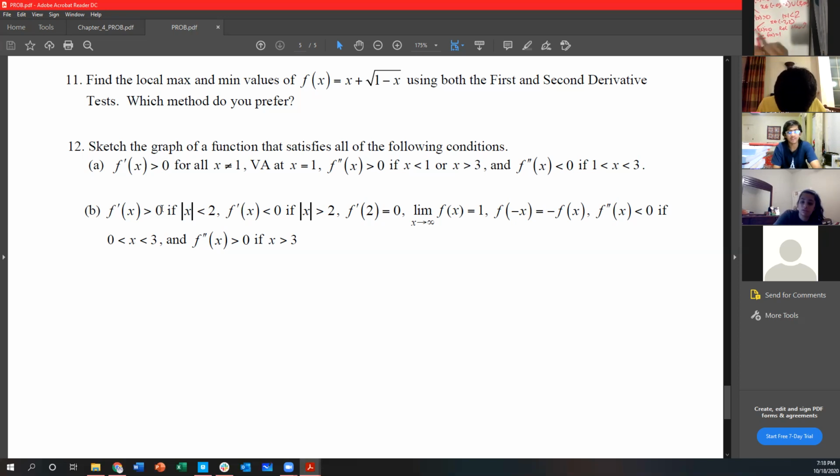So we know that f prime of x is greater than 0 for that interval, and we use that same principle to figure out the next interval. We know that f prime of 2 equals 0, which means it's a relative maximum, because up to x equals 2 it's positive, and from x equals 2 to infinity it's negative. Positive, then negative means it's a relative maximum because the derivative is 0. Now, the limit as x approaches infinity of f of x equals 1. What does that tell me?